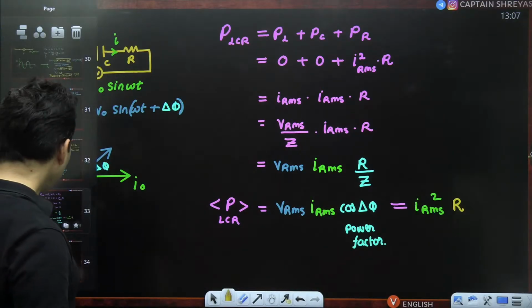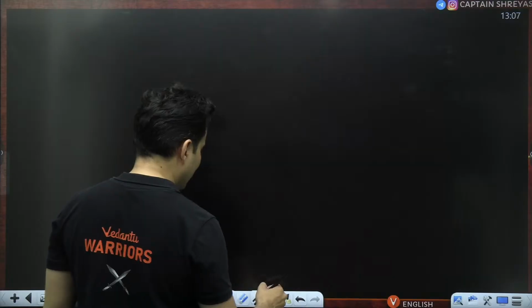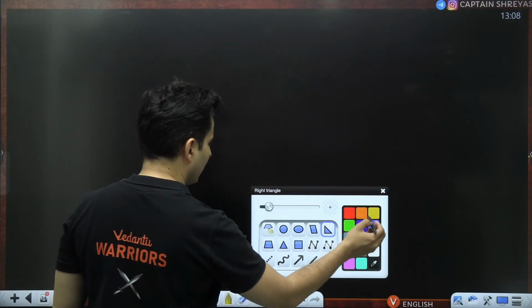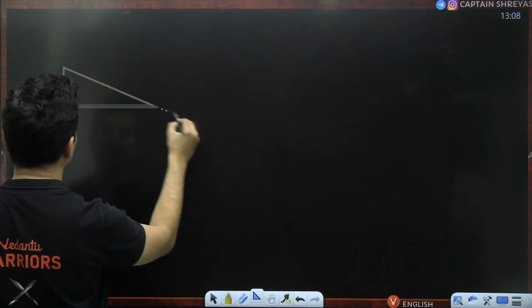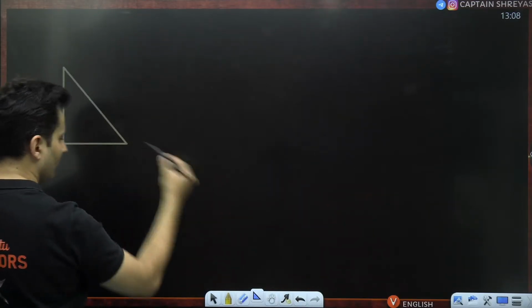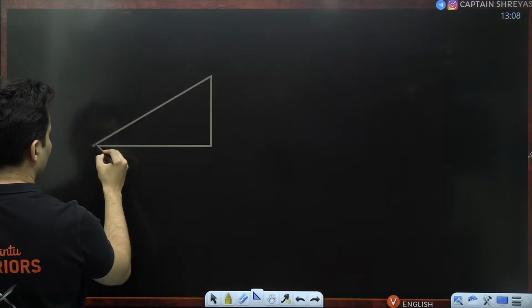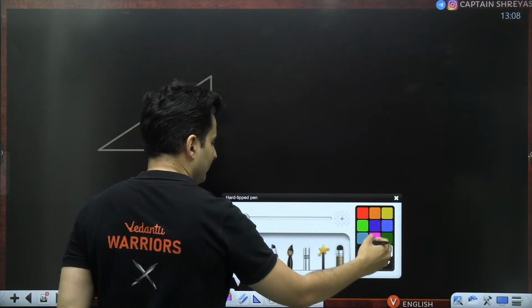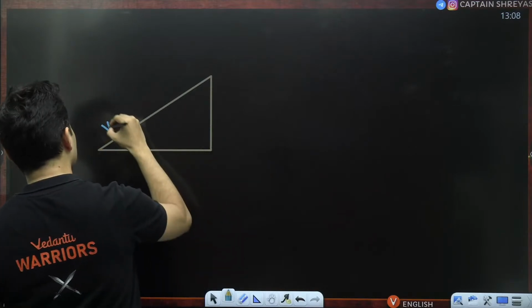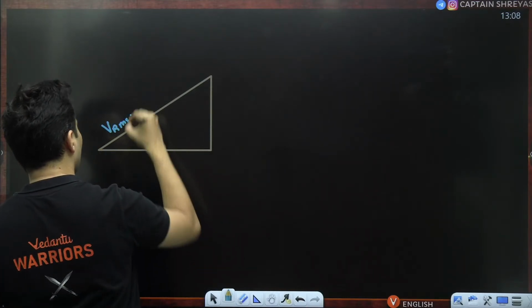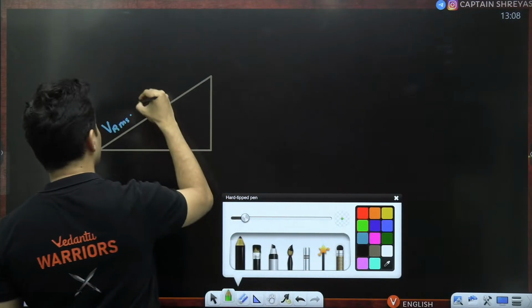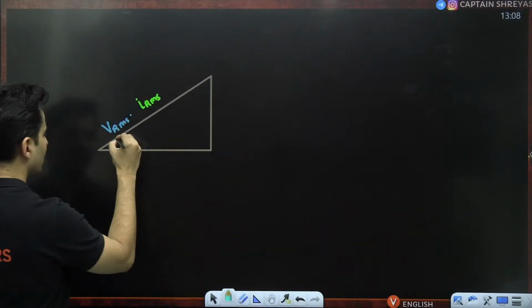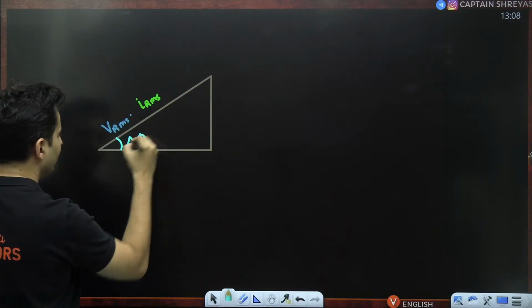Now, remember one thing, for a LCR circuit, if I draw a triangle like this, where this is VRMS, this is IRMS, and this is your phase difference, which is delta phi.